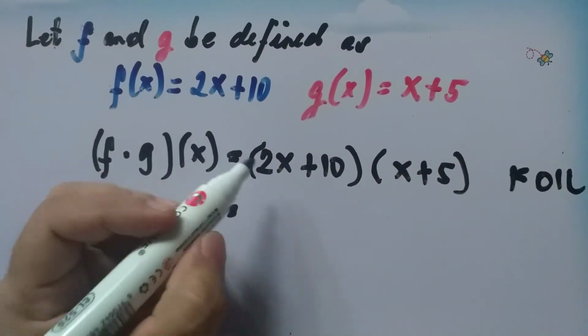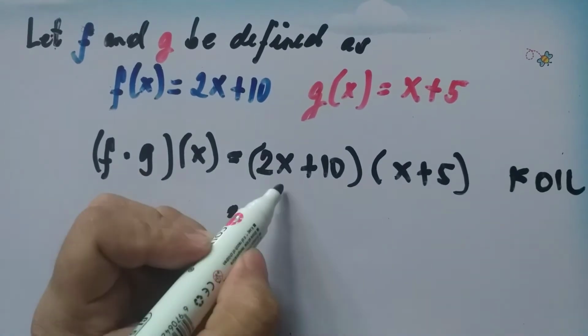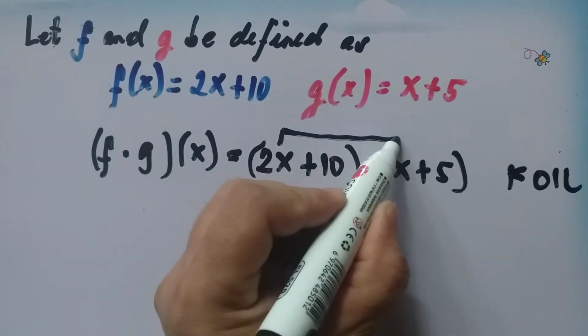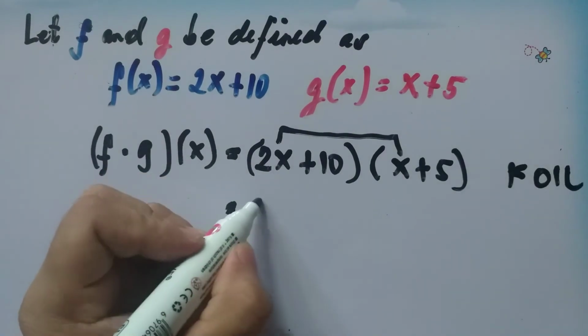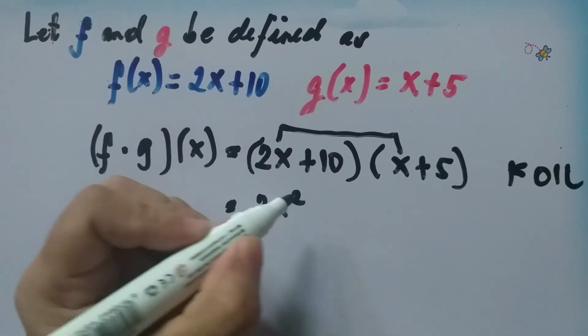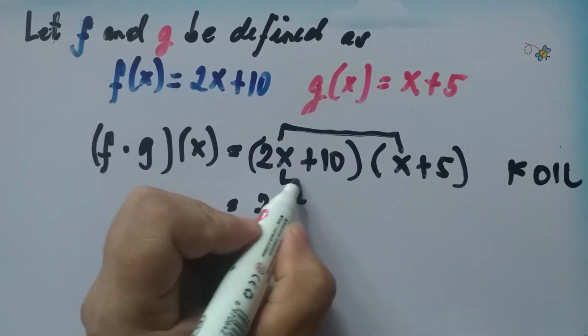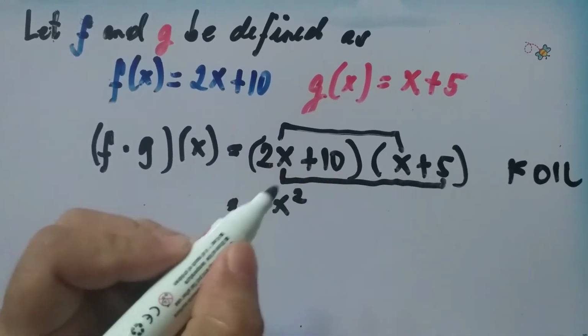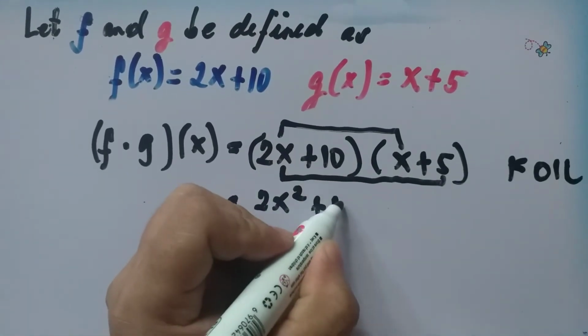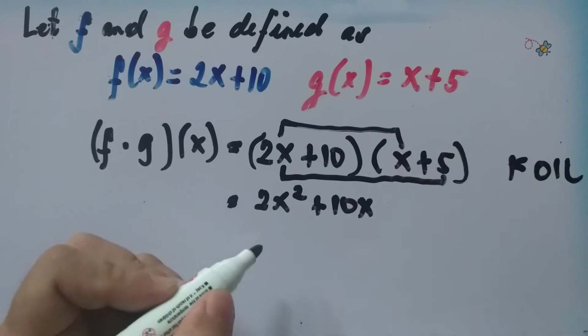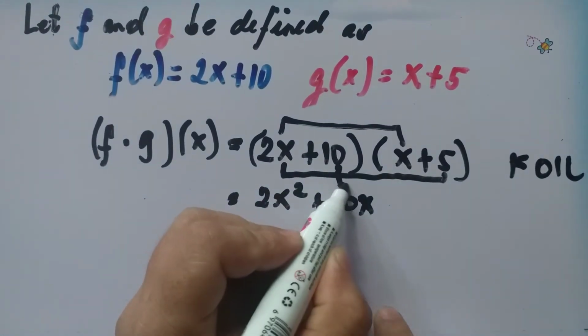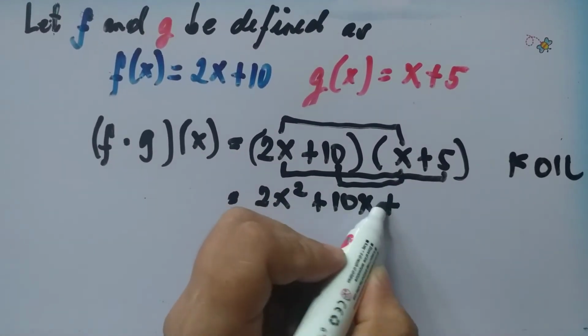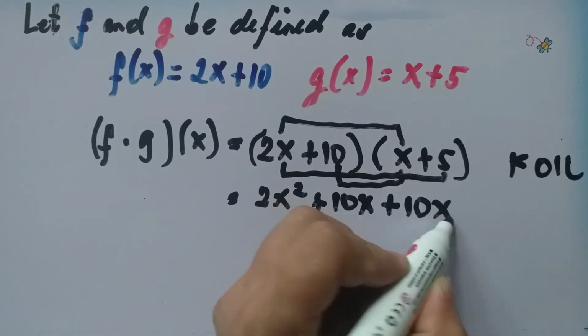So we have the first terms multiply, 2x times x is 2x squared. Then outer terms, 2x times 5 is 10x. Then inner terms, 10 times x is positive 10x.